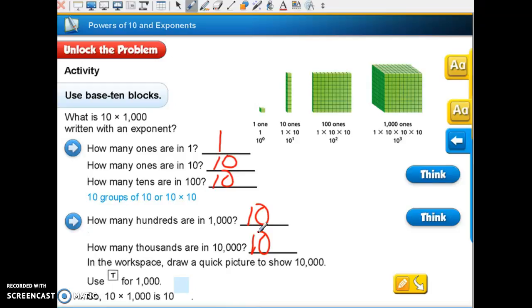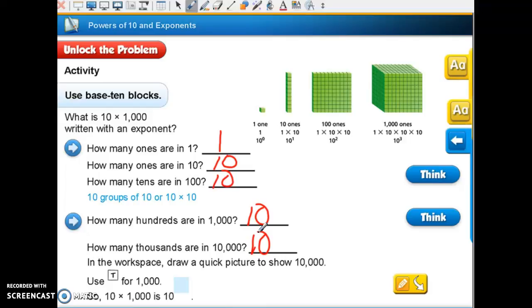So 10 times 1,000 is 10 to what power? Or the what power of 10? How many tens did we need? 10 times 10 is 100.